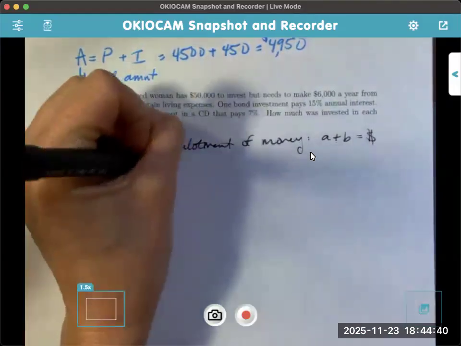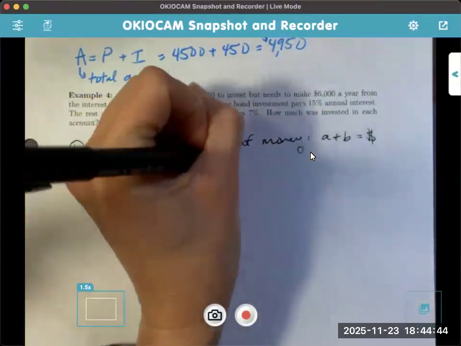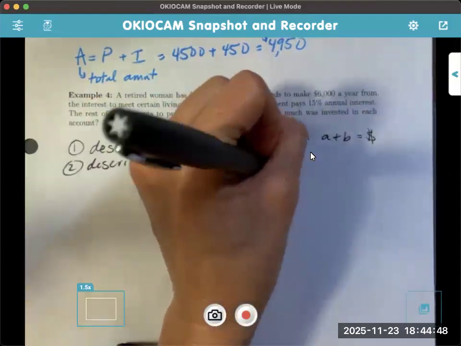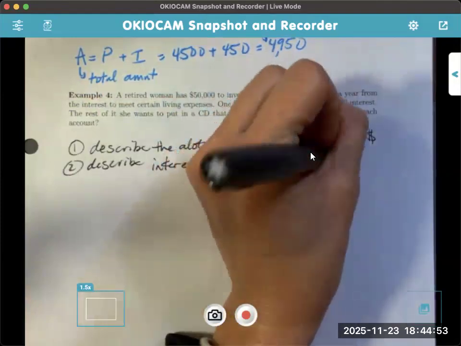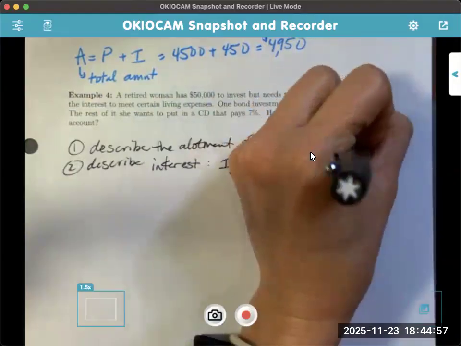The second will describe your interest. That usually means the interest for A plus the interest for B equaling the total interest, which in this case is the 6,000.